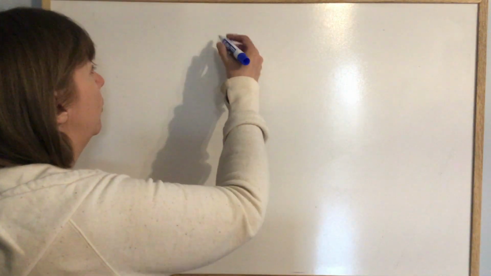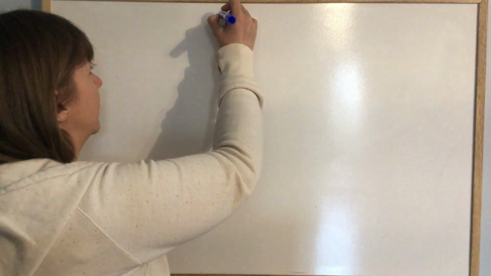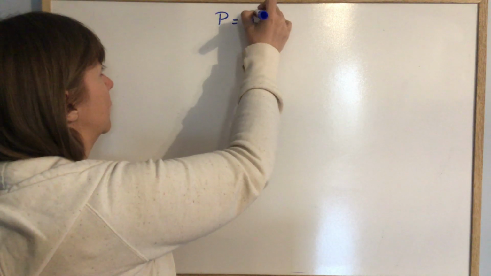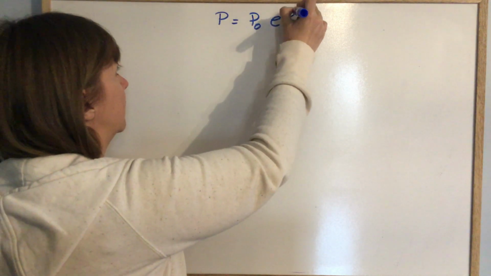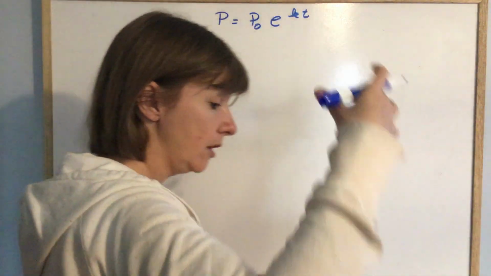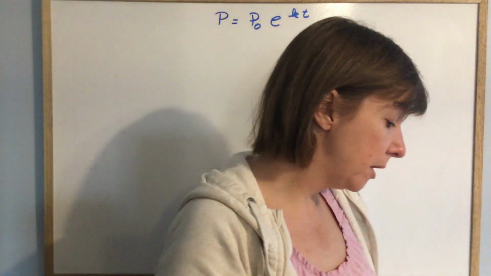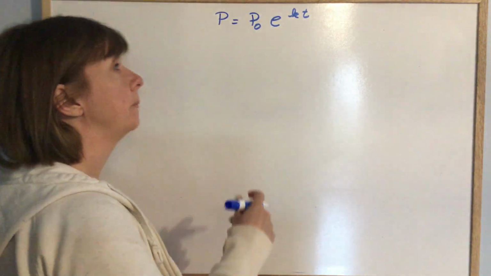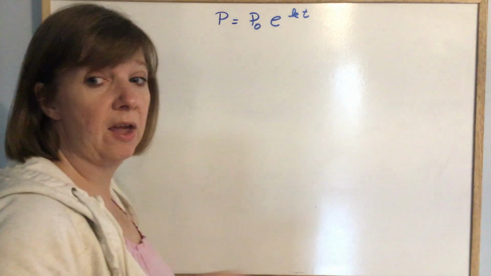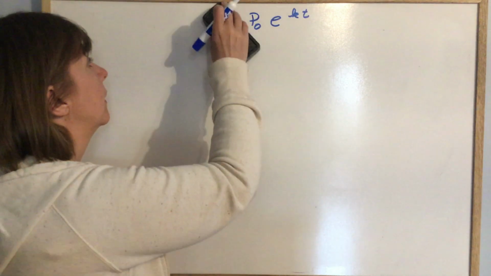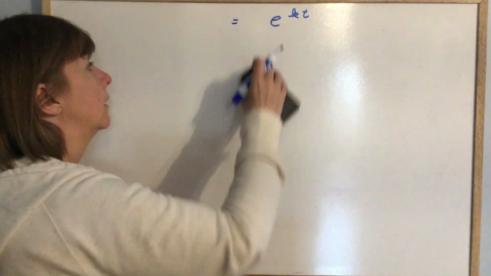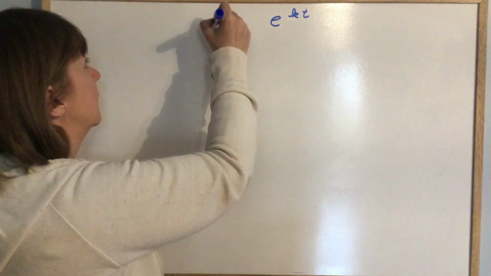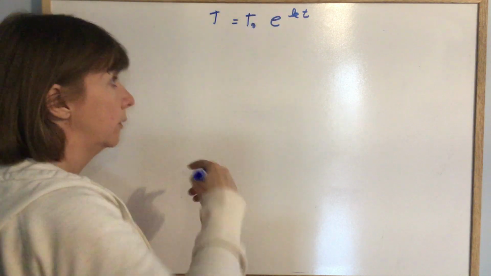So, we know that normally the formula is P is equal to P0 e to the k times t, right? That's our normal formula. But we're not talking about population, we're talking about temperature. So if that were the case, then the normal formula would be T is equal to T0.